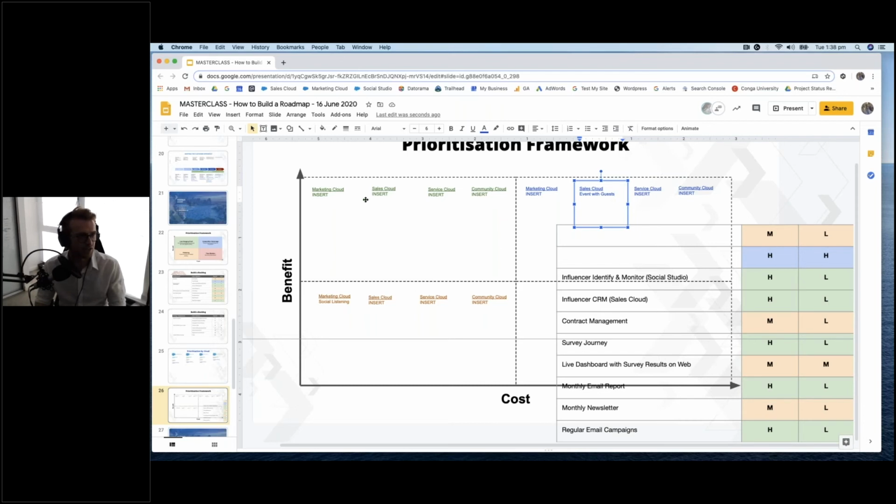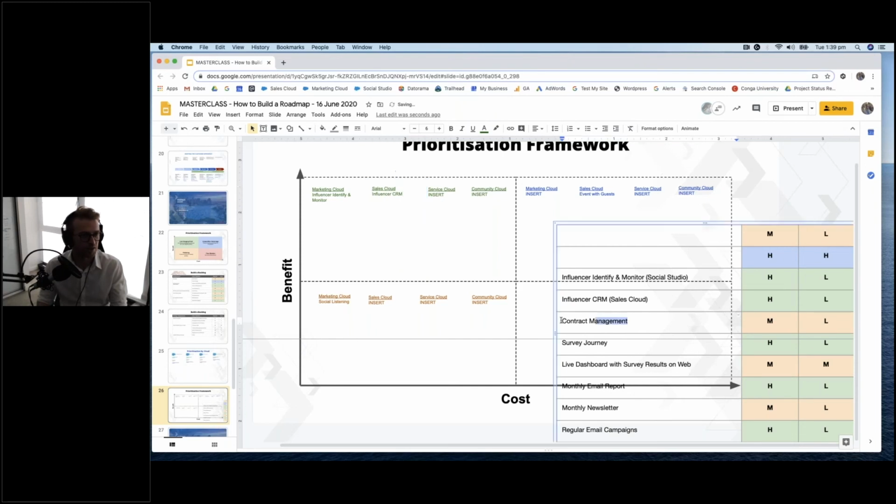Influencer, okay, cool. So this one we will put under Marketing Cloud for low-hanging fruit. Okay. Influencer identify and monitor. And then we've got influencer CRM as part of Sales Cloud.